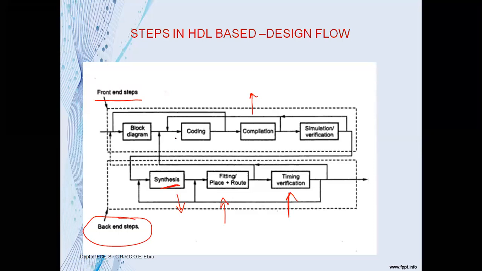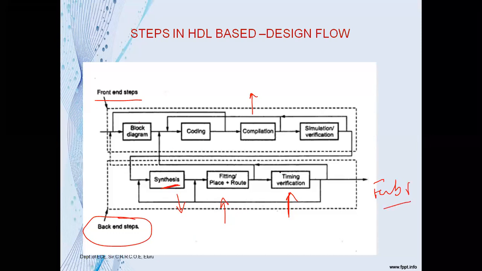If the code is working properly, then we will convert that VHDL code into gate level, that is the back end process. Once the front end process is correctly done, we will come to the synthesis in the back end. In the synthesis, the VHDL code is translated into gate level circuits. The gate level circuits are then properly placed and verified with the timing. Once it is all done, finally it goes to the fabrication process.